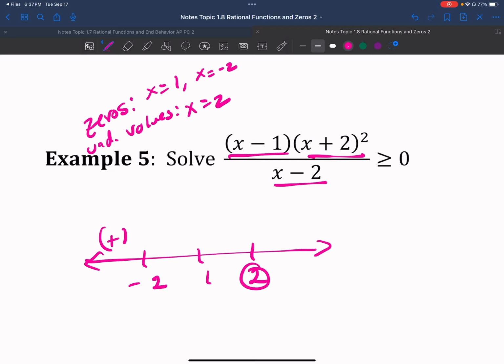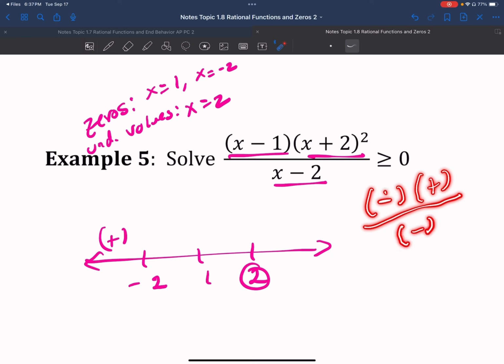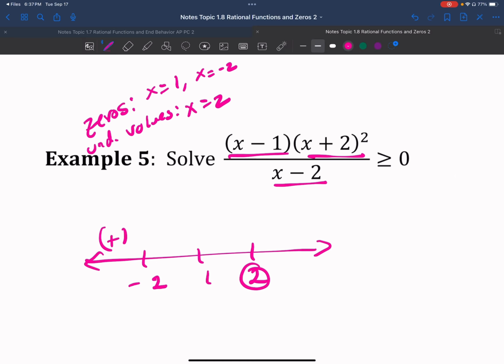For the second one, I pick a number between -2 and 1, like 0. So 0 minus 1 is negative. 0 plus 2 is positive, squared is still positive. And then 0 minus 2 is negative. So these two negatives cancel out, giving me a positive interval for this one as well.